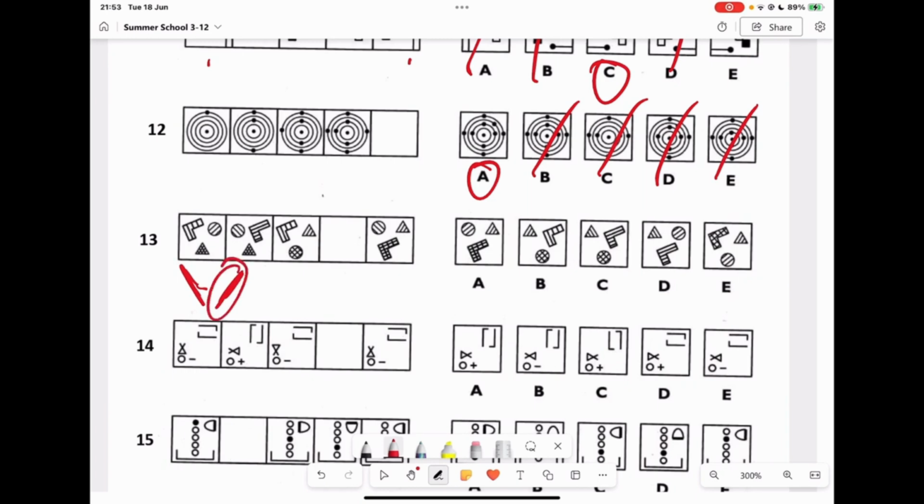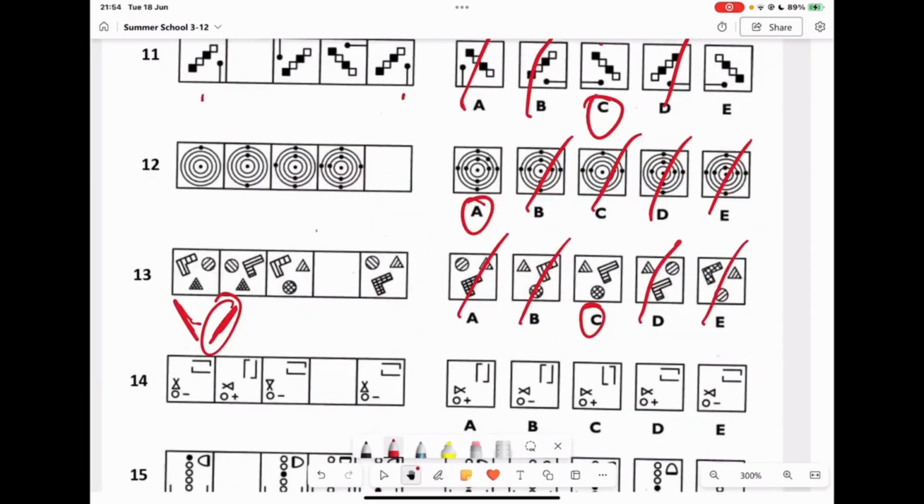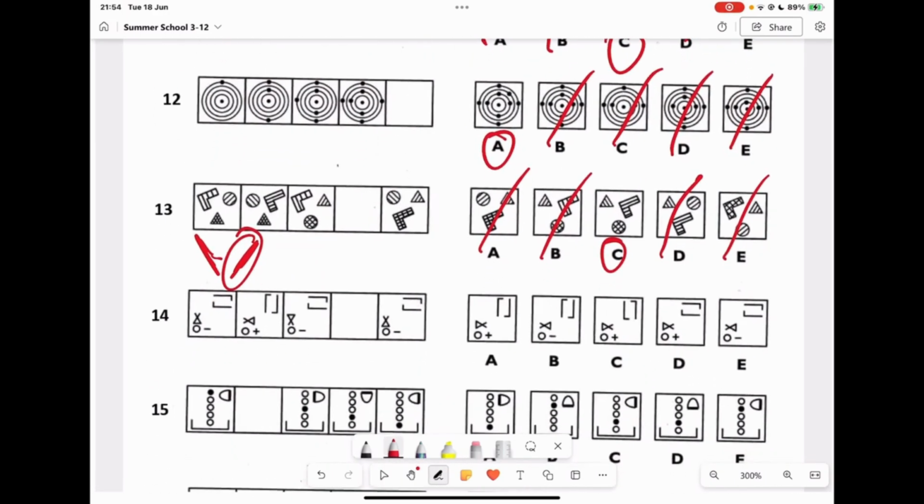So considering that, it cannot be A, B or E. Now we are looking at the pattern of the shape at the bottom. The shape at the bottom is always hashed, so it cannot be D. And that leaves our answer as C. So that is C, A, and C.